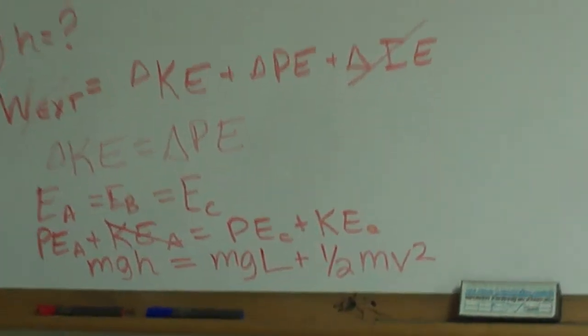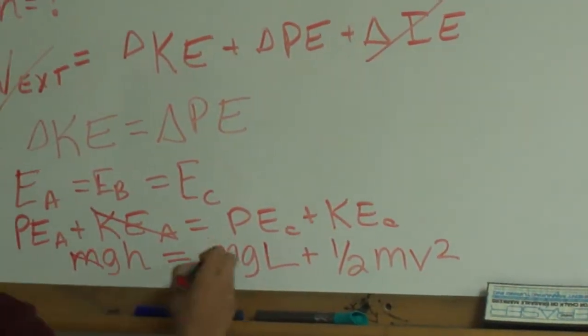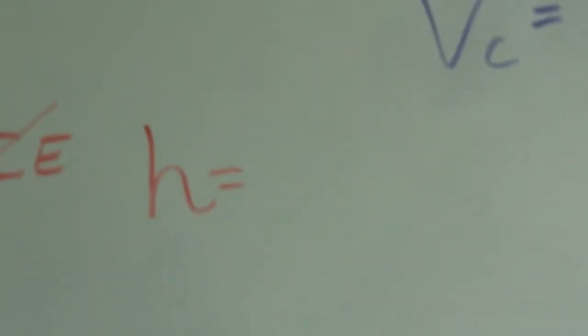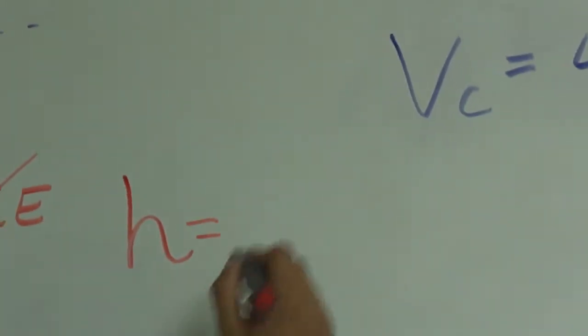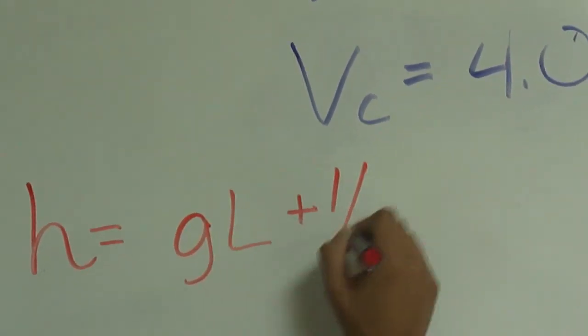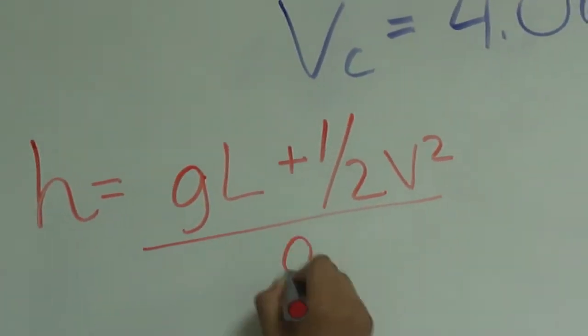After plugging in the numbers, you'll see that we can cross out the m's. And we isolate the h, so we get h is equal to gL plus 1/2 v squared, divided by g.